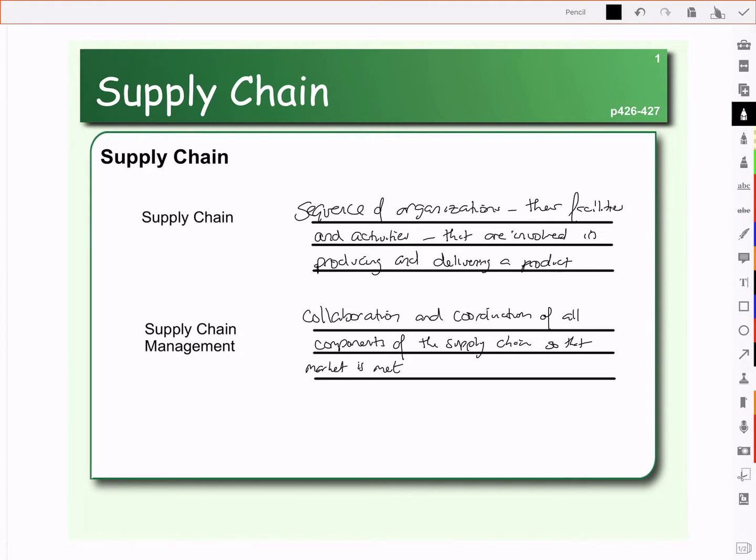So that your customers, when they come looking for your product, we have enough on hand and what they want for it to be available for them. And so really the purpose of supply chain management is to make sure that you're meeting that customer demand as efficiently and effectively as possible.